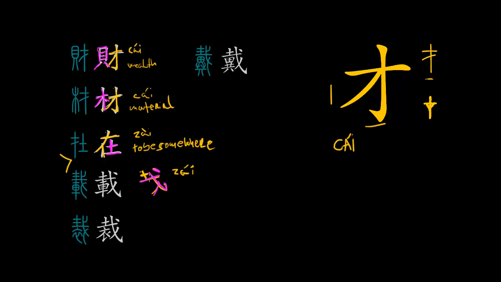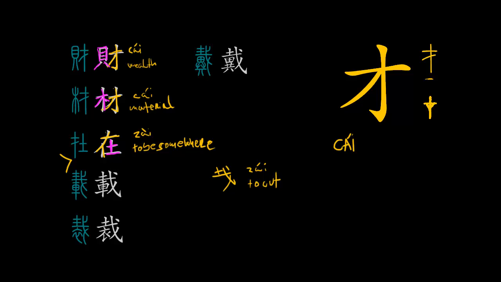Maybe I shouldn't have written it so close to this character because I will have no room. Let me write that a bit further away. And this character, even if you look, you still might not see the cai phonetic in it, but it's there.